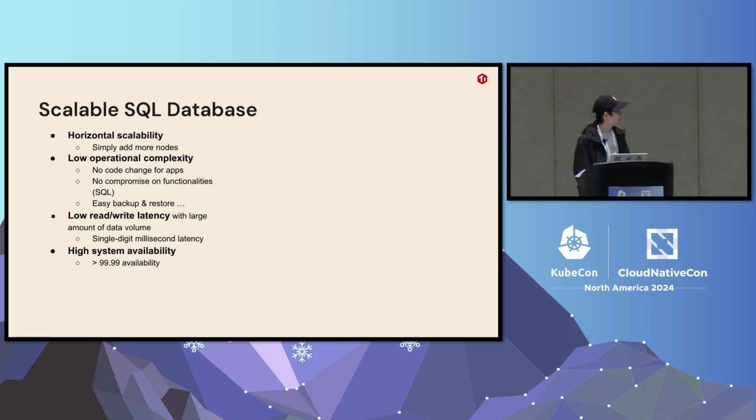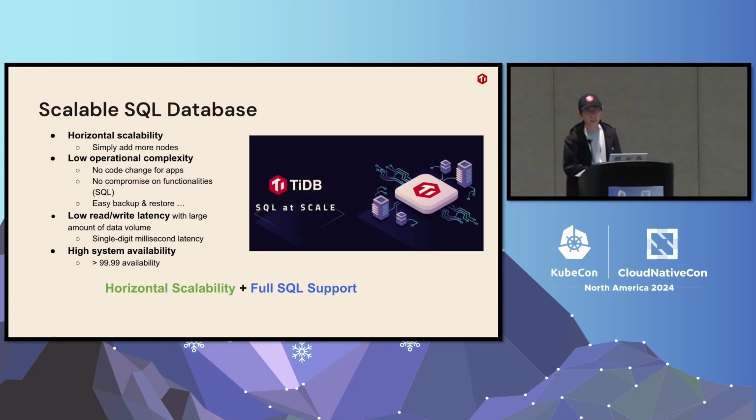At the same time, even with a large amount of data, we want to achieve low read and write tail latency. And of course, the system is highly available. This is the effort we have paid for the past decade. This is where TiDB comes from.